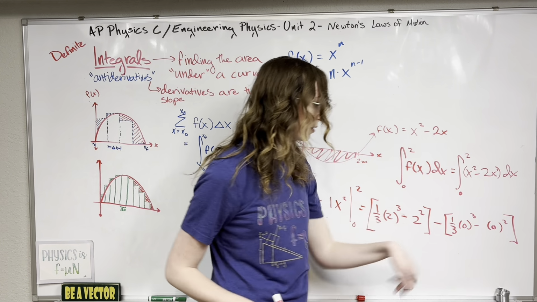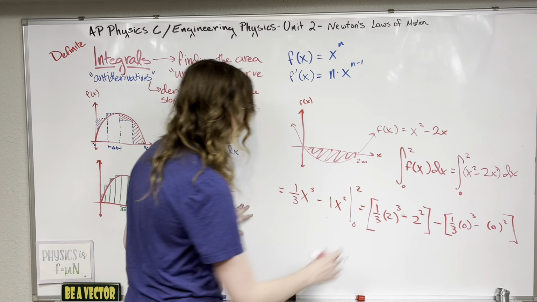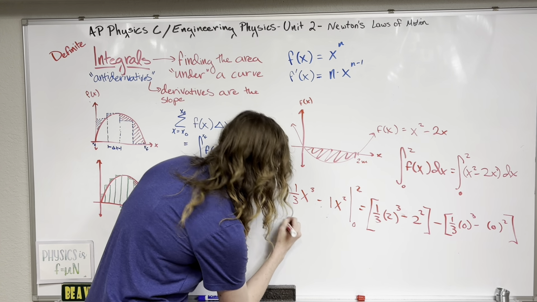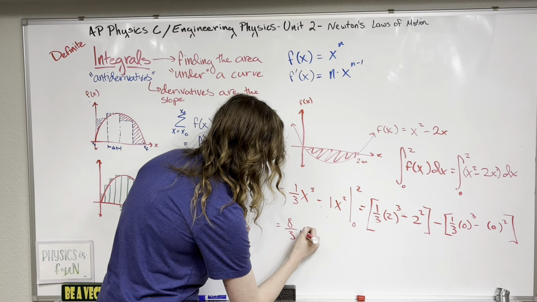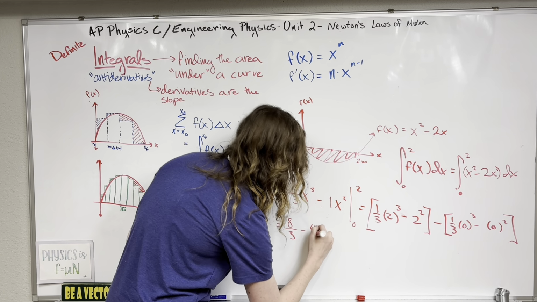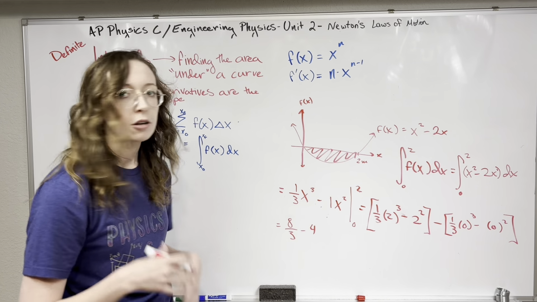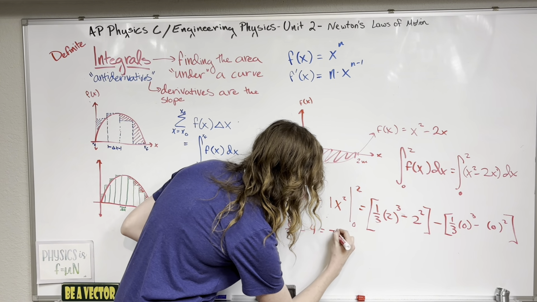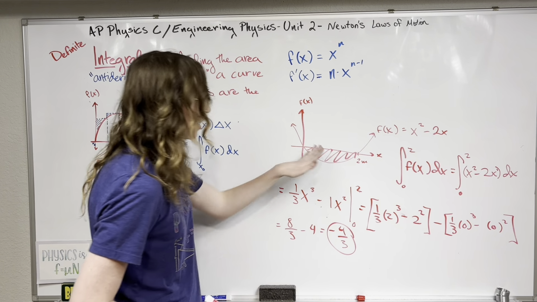Thankfully 0 squared is 0, 0 cubed is 0, this whole thing is 0, so I can just ignore it. 2 cubed is 8, 1/3 of 8 is 8/3, 2 squared is 4, 4 is equal to 12/3. 8/3 minus 12/3 is equal to negative 4/3. So that would be the area of this.